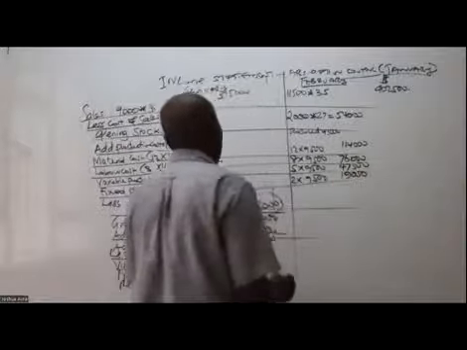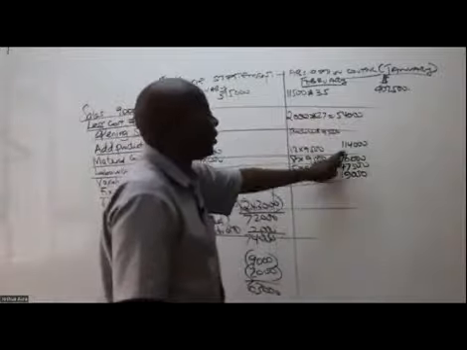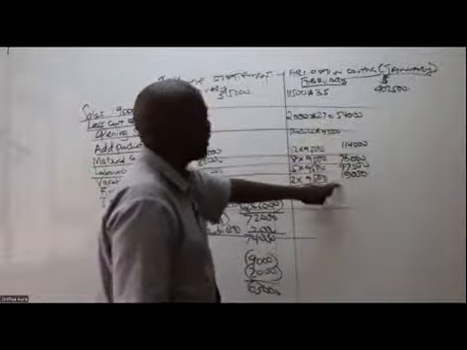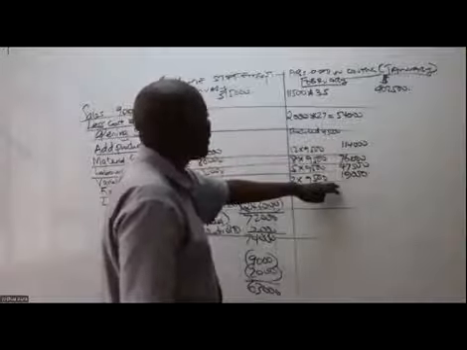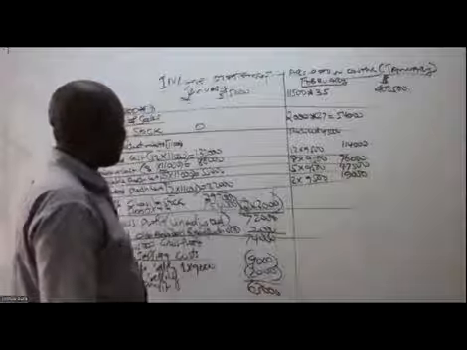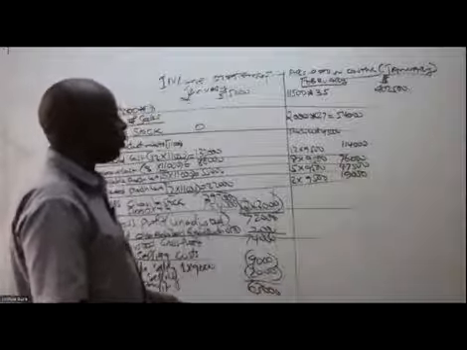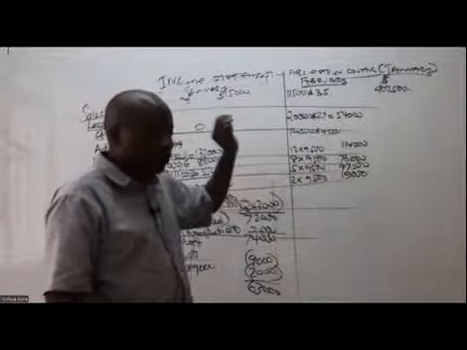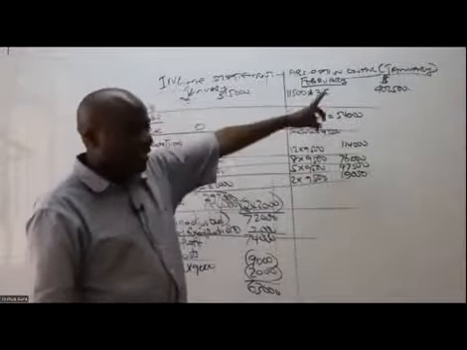If you wish, you can come and add this to get cost of goods available for sale. That's opening stock plus production. Don't add sales.